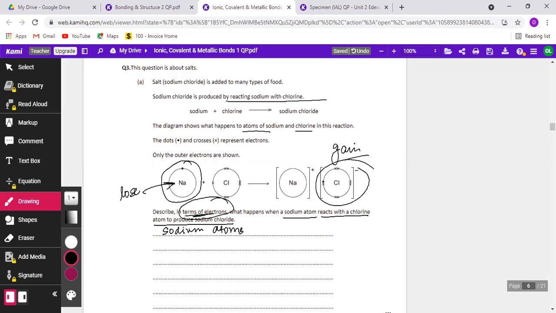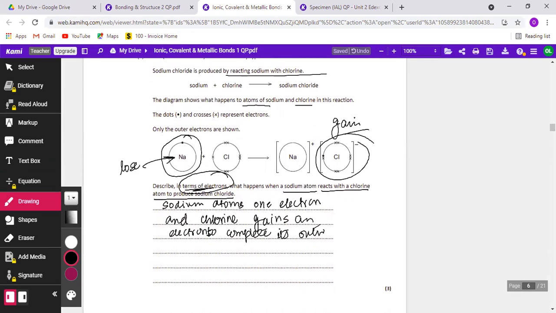One electron. And chlorine gains an electron to complete its outer orbit.